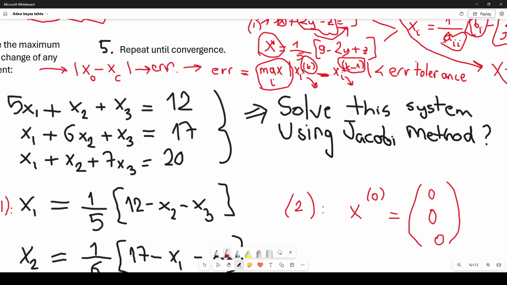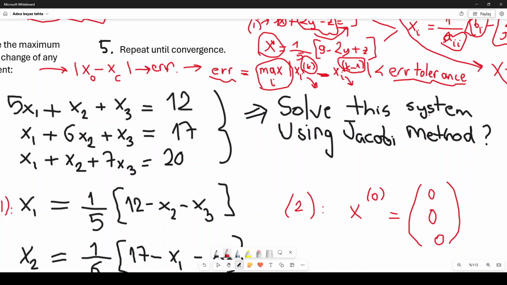Otherwise, unless we reach the desired error tolerance, we repeat our computational task until convergence is met. So until we converge to some value. And by saying we converge to the solution, I mean when we obtain this error below the defined error tolerance.